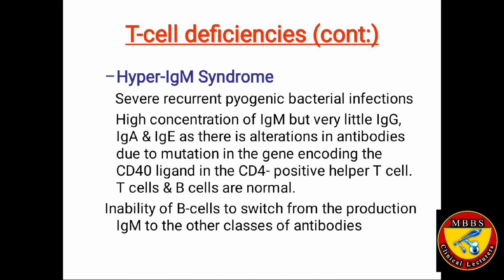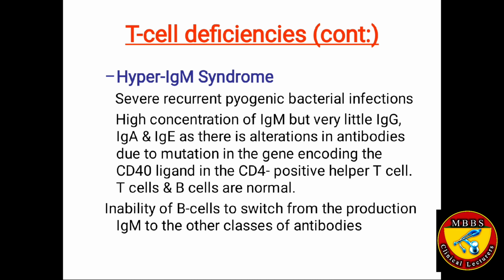In hyper IgM syndrome, affected patients make IgM antibodies but are deficient in their ability to produce IgG, IgA, and IgE antibodies. So if you remember the name, hyper IgM syndrome, in this type of patient IgM is there, but there is a deficiency in producing IgG, IgA, and IgE.